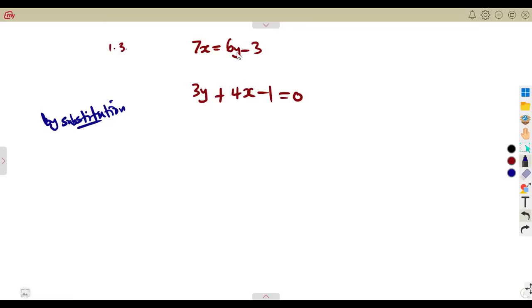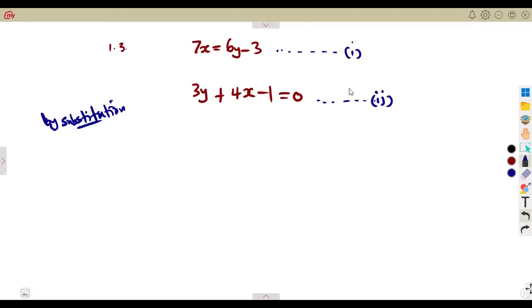We cannot say it's easier for us to make x the subject. We do not have an equation where we can just write x is equal to whatever that we want. All these, they are affected by the coefficients. Even the part of y is affected by the coefficients. So there, you do not have a choice. You just have to choose which one you want to make the subject.